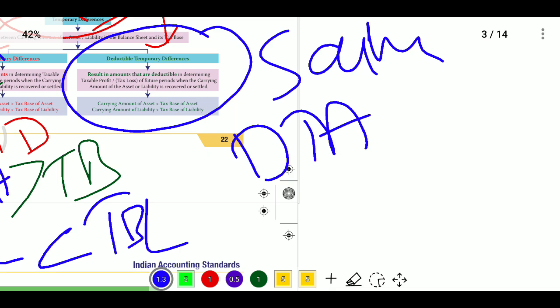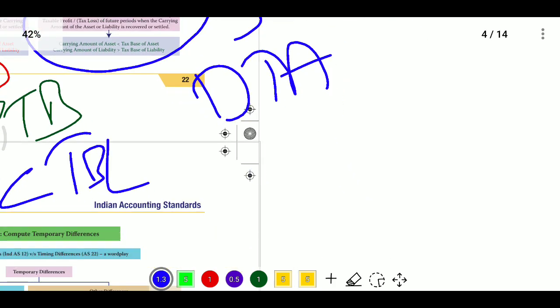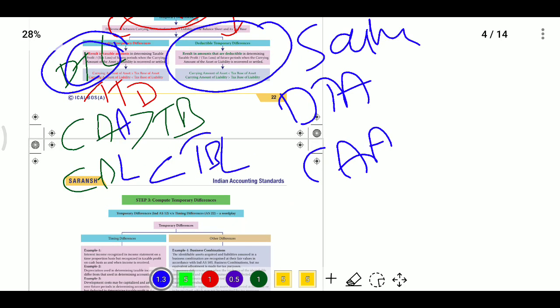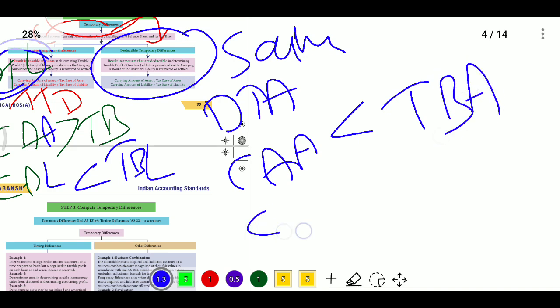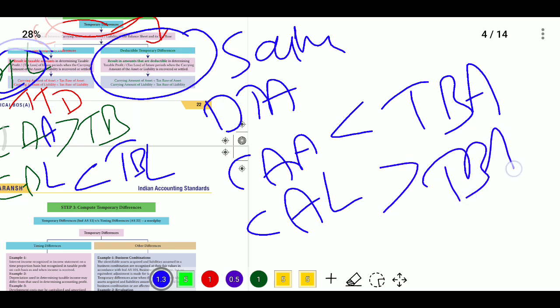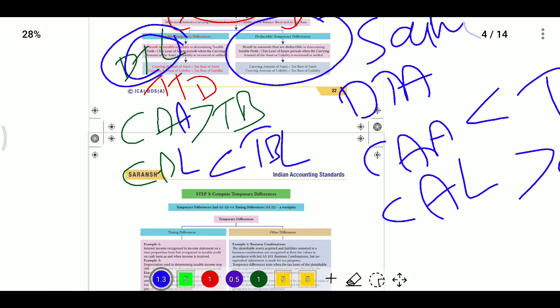DTA will be created on a deductible temporary difference. Here the carrying amount of an asset is less than the tax base of the asset, or the carrying amount of a liability is greater than the tax base of the liability, then it will be DTA. So this is the DTL and DTA position.